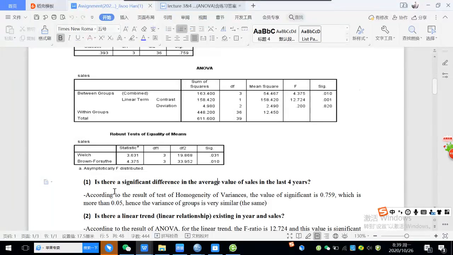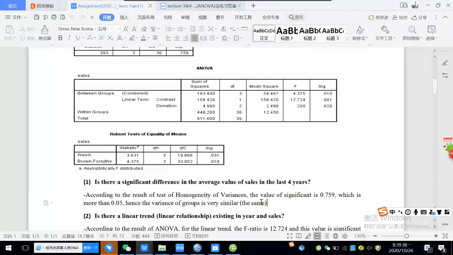So let's look at Jinser's answer. First question. According to the results of the test of homogeneity of variance, the significance value is 0.759, which is more than the significance level 0.05. Hence, the variance of groups is equal.